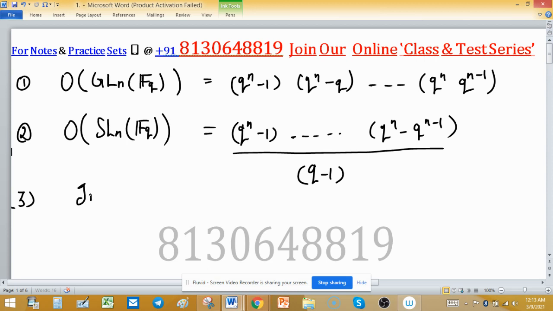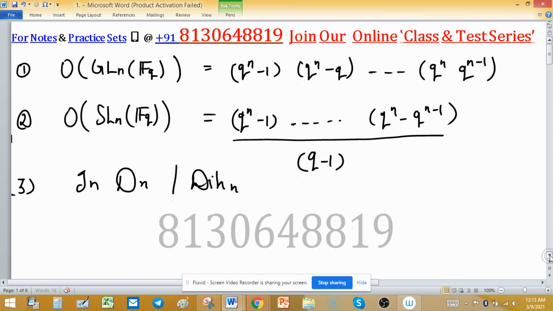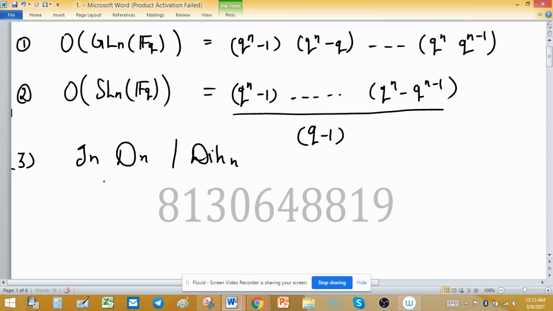In the dihedral group, normally denoted by D_n, n is the symbol we use.